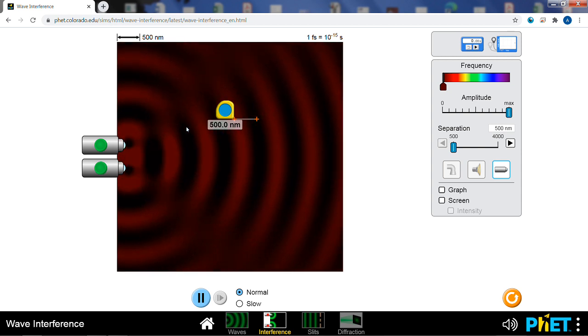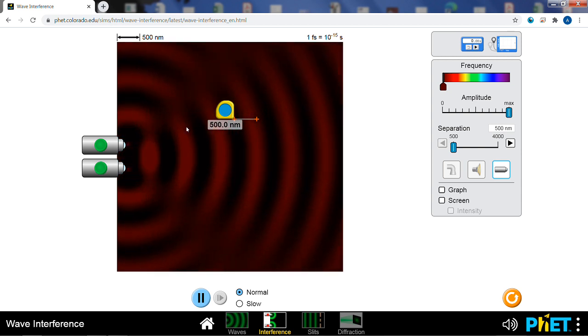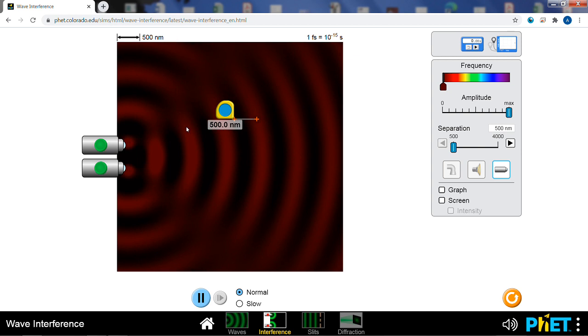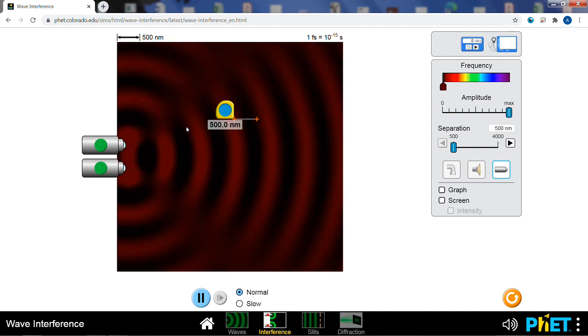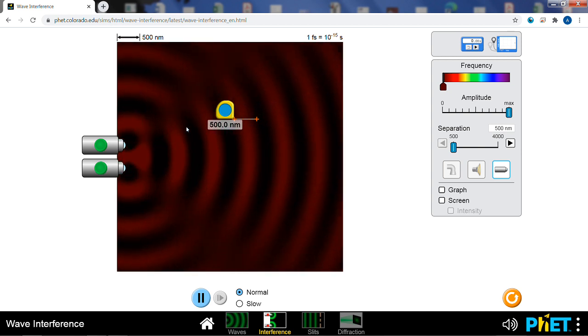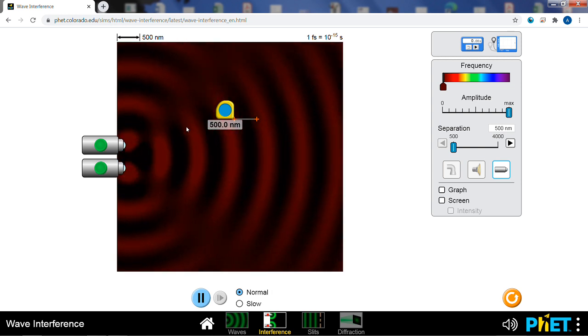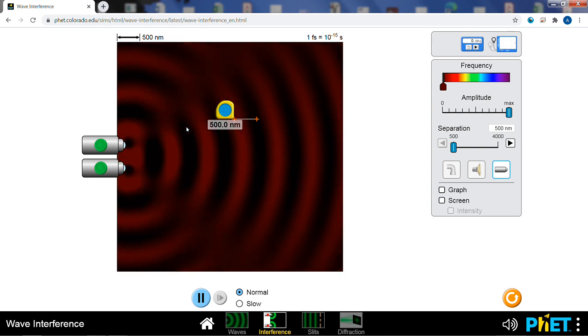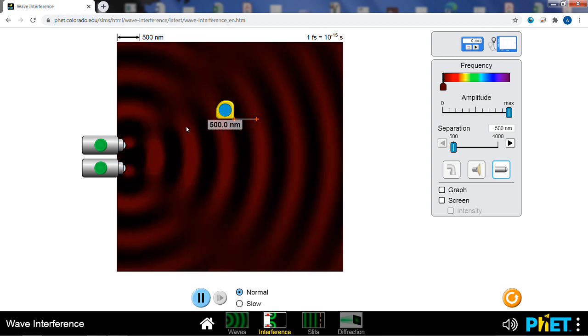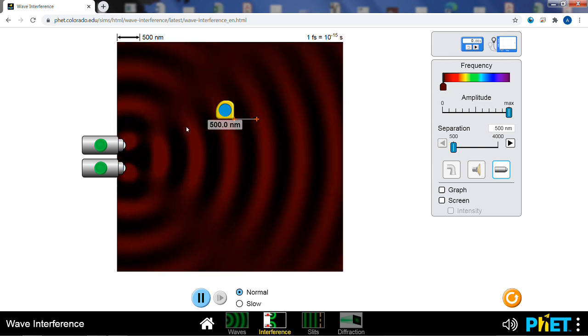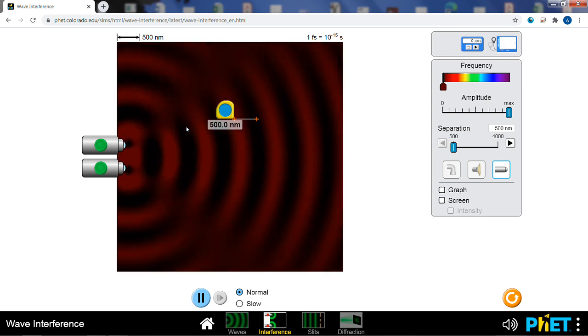So what this means is that the wavelength and theta are proportional to each other. And the relationship between the distance between the light sources and the angle theta is inversely proportional. Okay, so you have a few questions to answer, and next we're going to look at the two-slit interference experiment. Good luck.